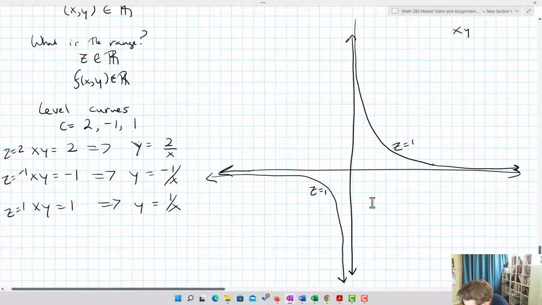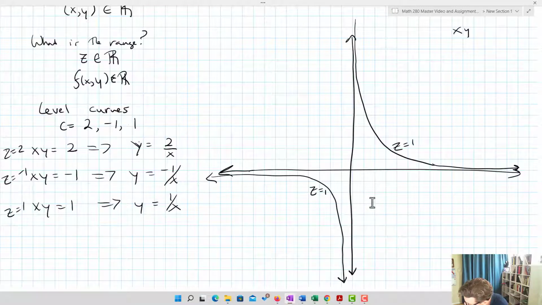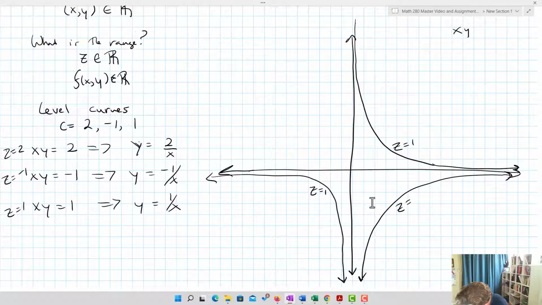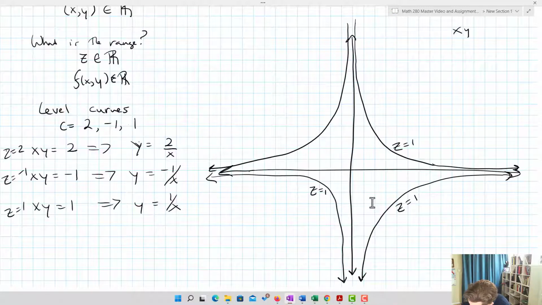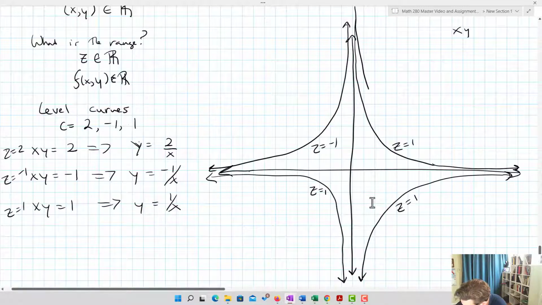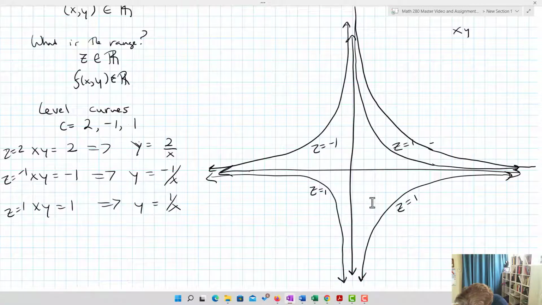It's just approximate. If I take negative 1, I'm going to get something that looks like this. Okay, so here's z equals negative 1, and it'll be mirrored up here in the second quadrant as well. And if I take 2, it's going to have the same basic asymptote, but a little bit further out. So there's z equals 2, and I'm going to get it similarly along the other side as well.